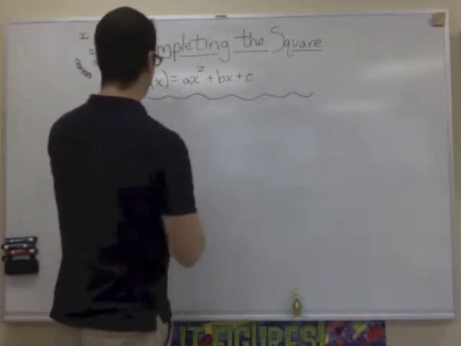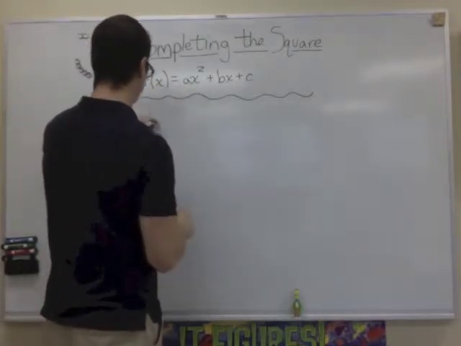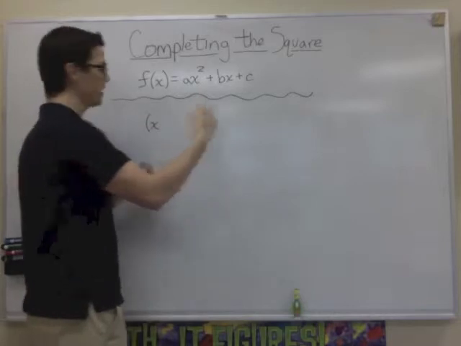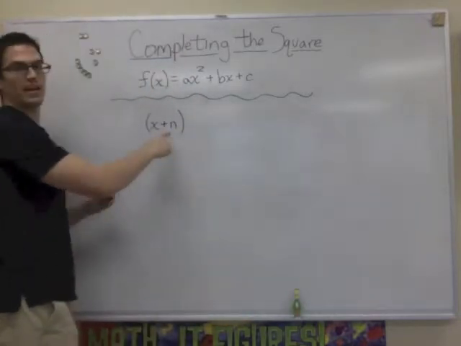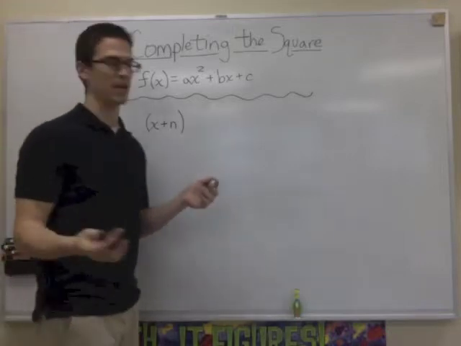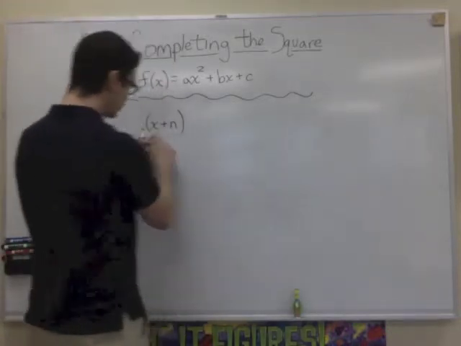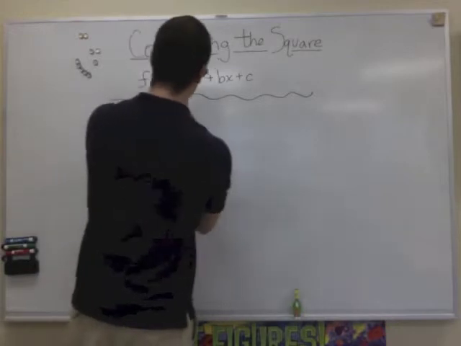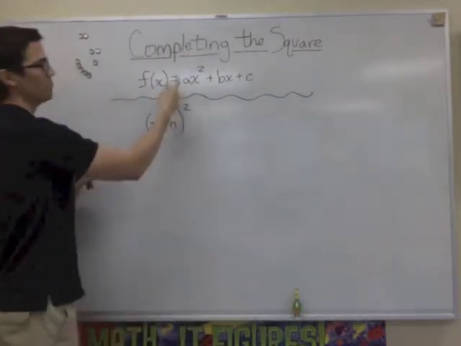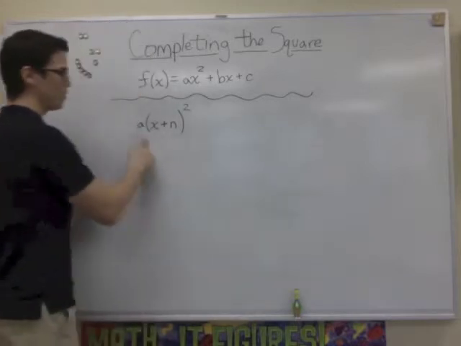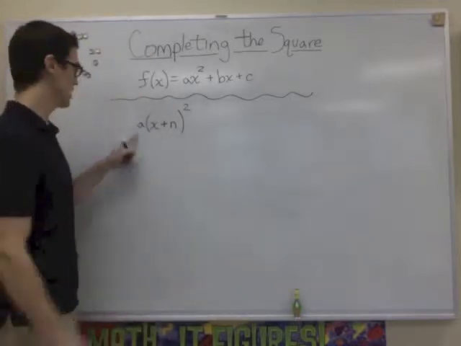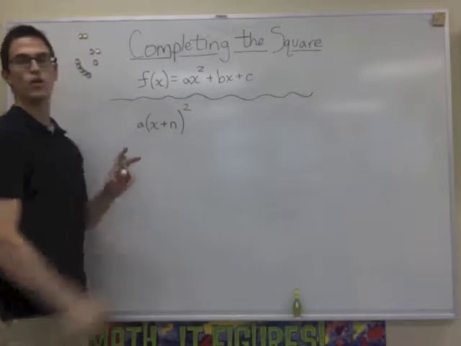So I know that if I factor this out, I could have some value x plus some value n. It could be any number, you name it, any real number anyway. And the highest order here would be squared. Like I said before, I'm going to keep the a and just factor that out. So I'm just going to put that right in front like so. So then I have a times the quantity x plus n squared.